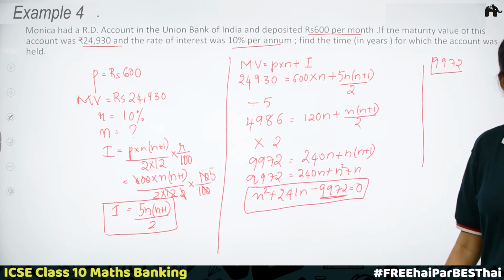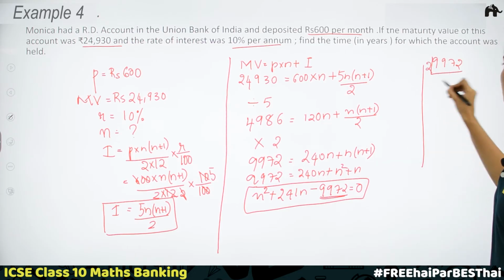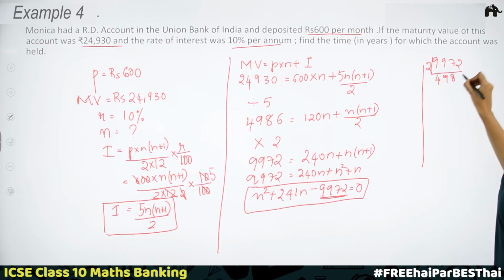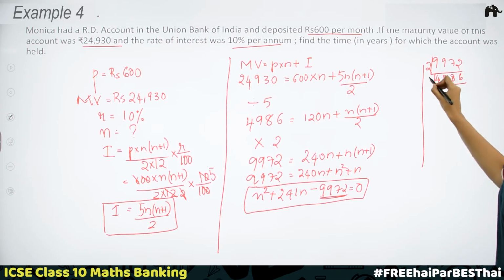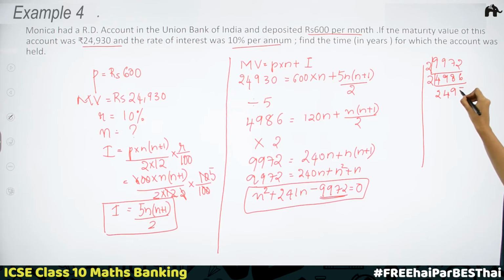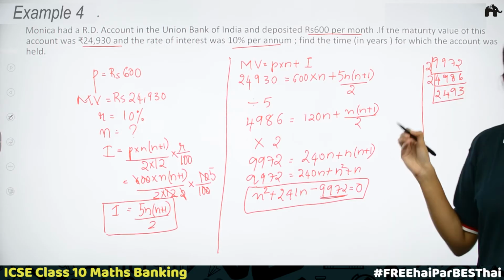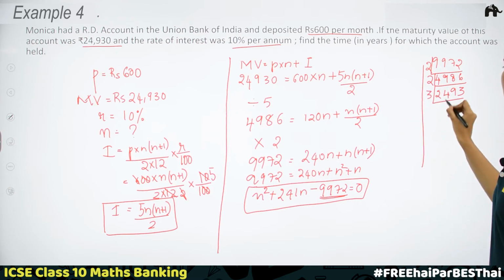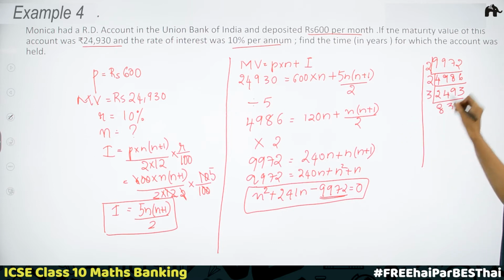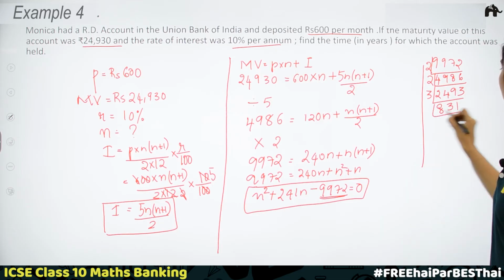This can be divided with 2. We will be getting 4,986. Again, it can be divided by 2. 2,493. Now, we can't do by 2. So, we will go to the next prime number, that is 3. 831. Again, continue division with 3.